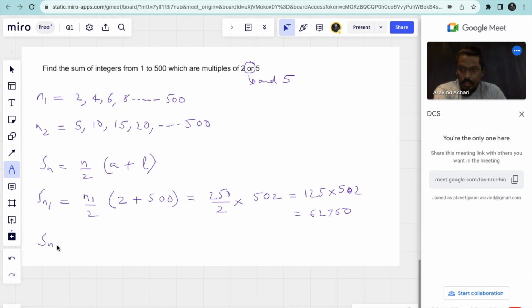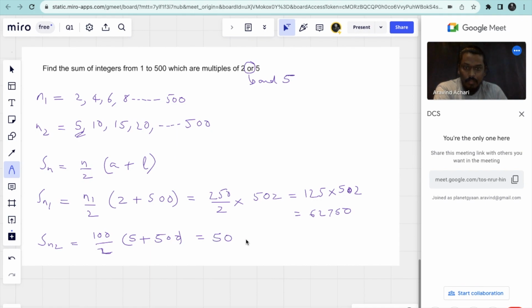Okay, so now we have to find Sn2. So Sn2 again with the same format, right? So n2 by 2, so I'm kind of doing it directly. So n2 we know, right, 100 numbers, because 500 divided by 5, so 100 numbers. So 100 divided by 2 multiplied by, first term is 5 in this case. So 5 plus 500, which is equal to 100 divided by 2 is 50.